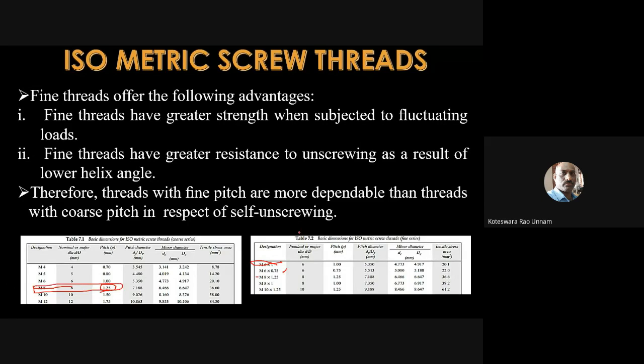In the fine series, M8 cross 1.25 is the basic series, and M8 cross 1 is the fine series. Like that, you can identify from the designation itself whether a bolt is a coarse series or fine series.